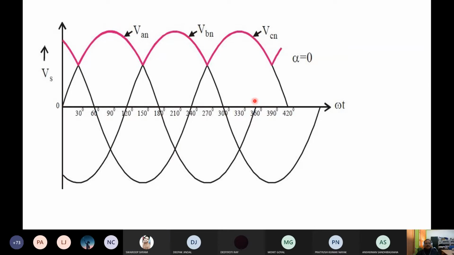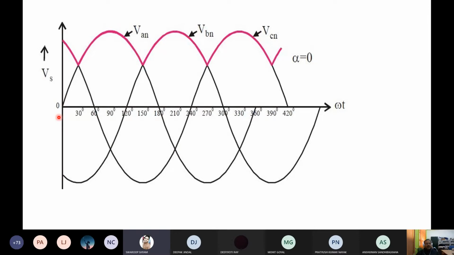This axis is omega t, the x-axis, and this is the y-axis, the magnitude. My doubt is that in the book it is written that SCR1 is conducting from 30 plus alpha to 150 plus alpha. Why are we taking this 30 degree, and not 0 to 120?